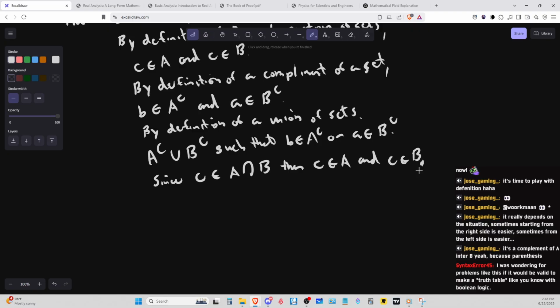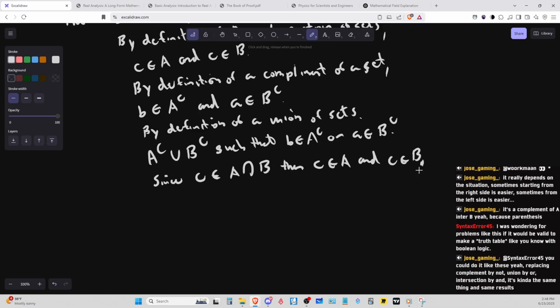I could, though, and that probably might help structure things a little bit. Replacing complement by not, union by or, intersection by and, it's kind of the same thing, and the result's the same. Yeah, pretty much.